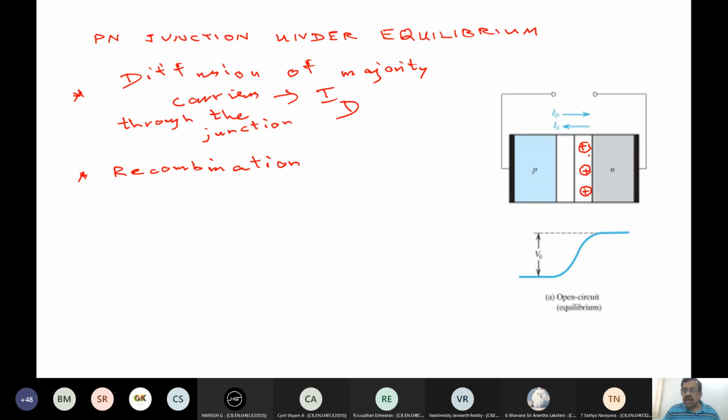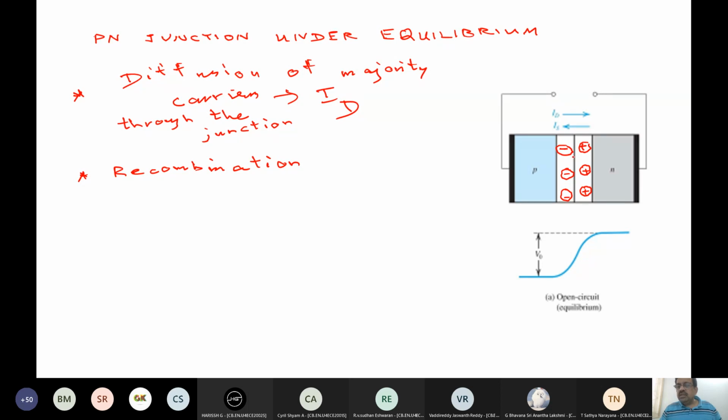Likewise, the majority carriers in the n side, the electrons, when they diffuse into the p-type, uncover the acceptor atoms. Both the acceptor and the donor atoms are fixed to the lattice, and the charge carriers in the vicinity of the junction are no more there.